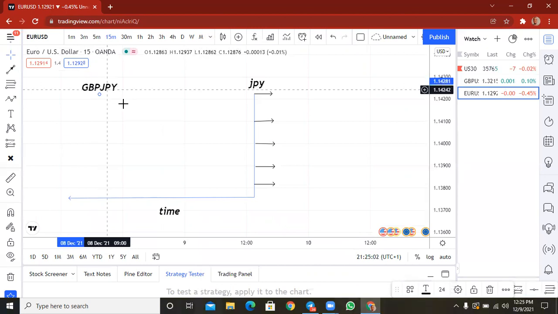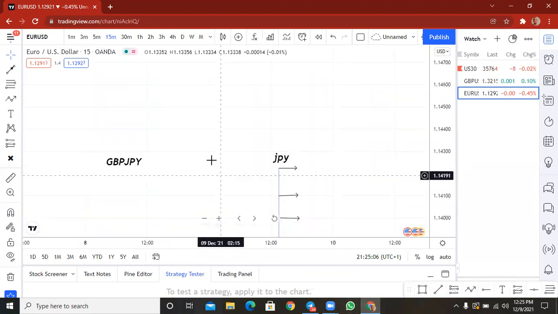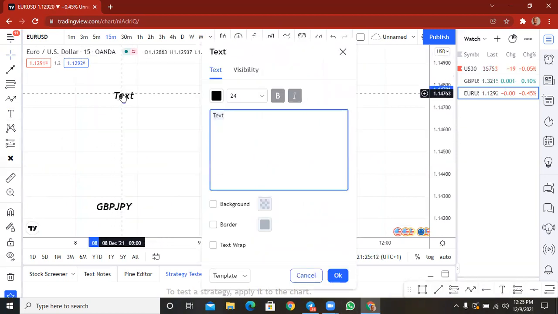All right, so let's continue. Now, there's something I want to tell you, which you will need to understand this chart very well.